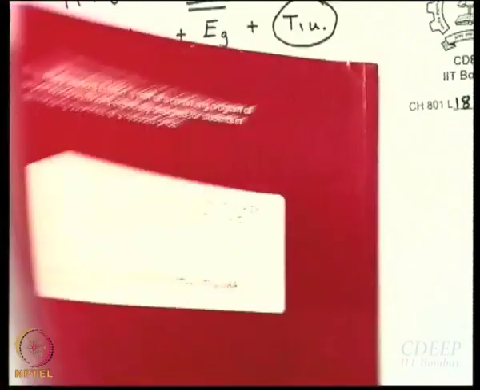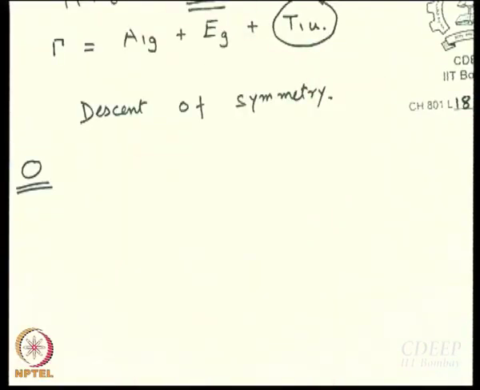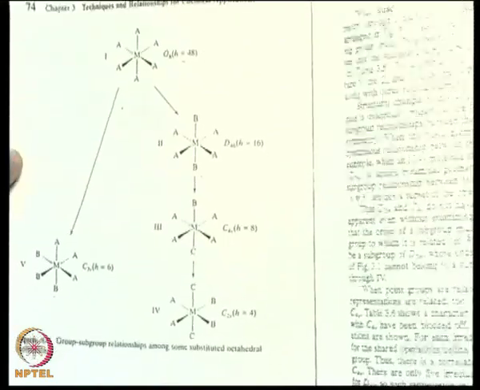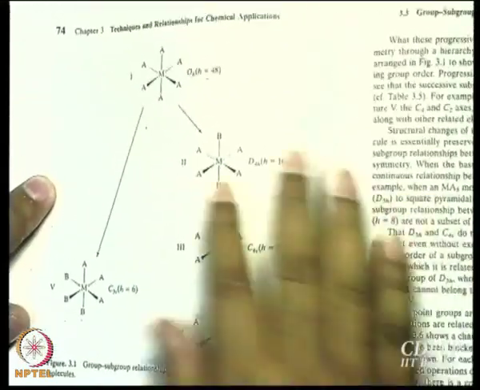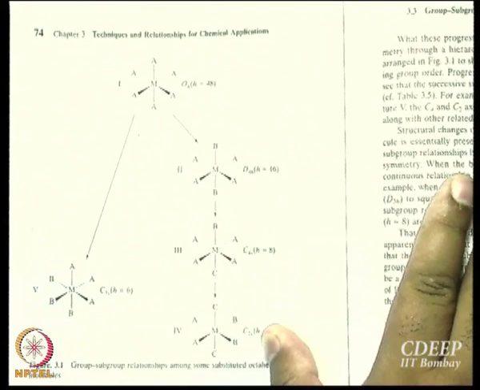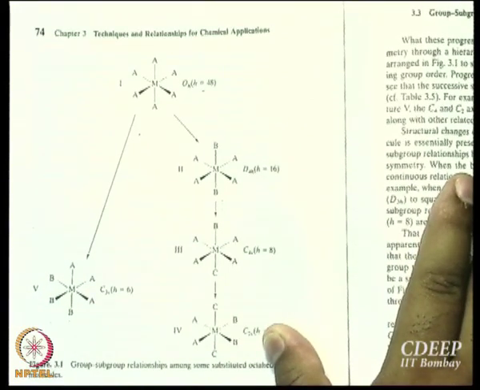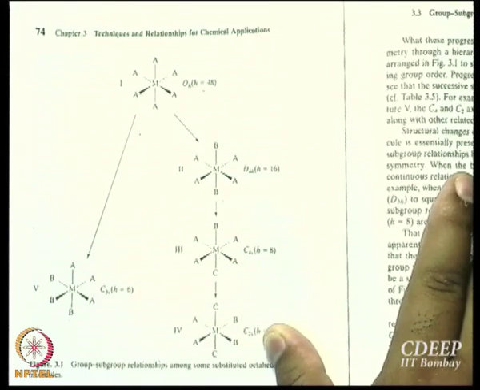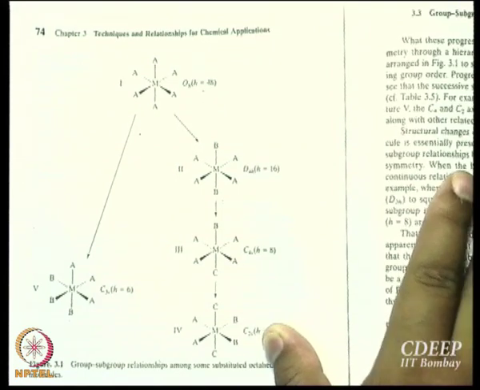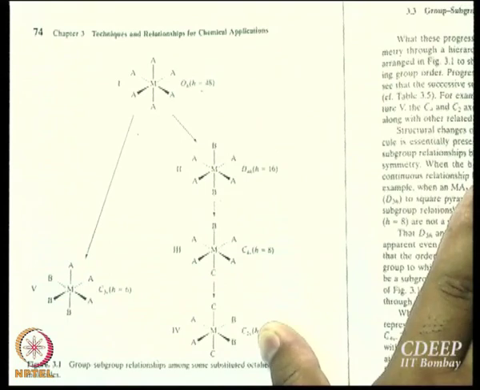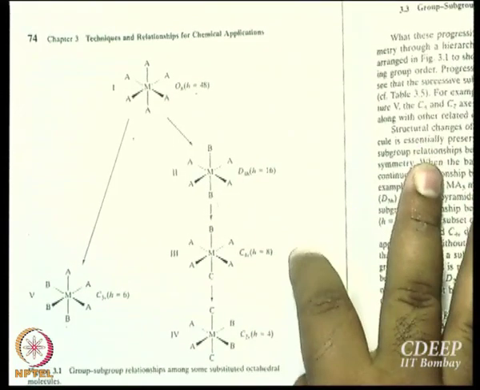Before going there, I want to talk a little bit about descent of symmetry. I hope you have not completely forgotten this picture that we had flashed 2-3 times wrongly and at least once correctly. I had goofed up while drawing that diagram that time, but Carter hasn't goofed up.